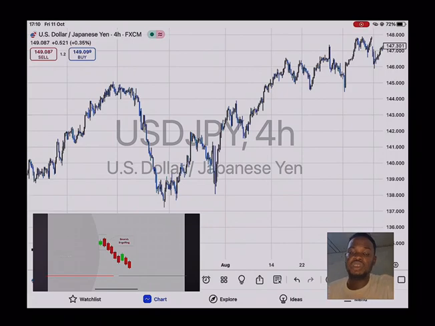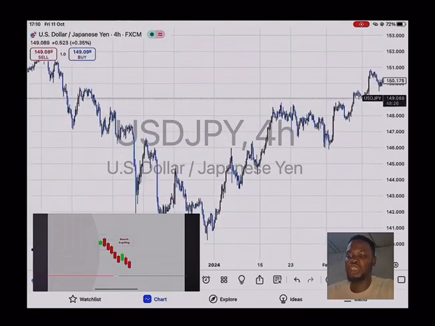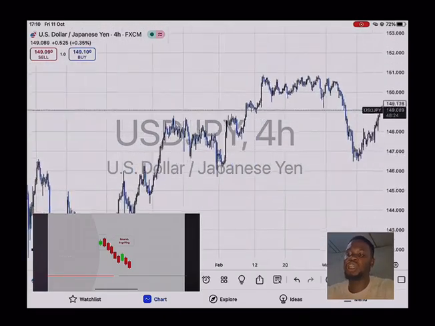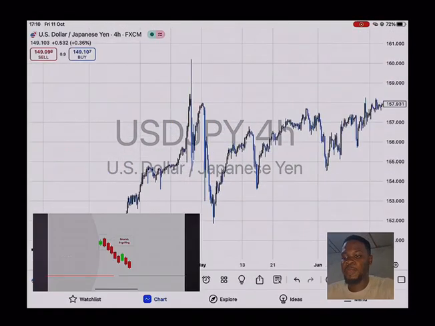And the bearish engulfing candlesticks are located around resistance zones. You understand? So it's the same thing as the bullish engulfing candlestick, just that it's the opposite, and it is located on the resistance zones. You understand?